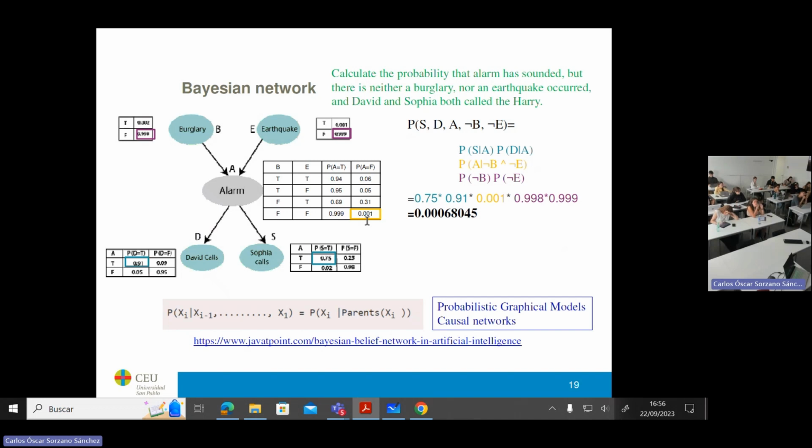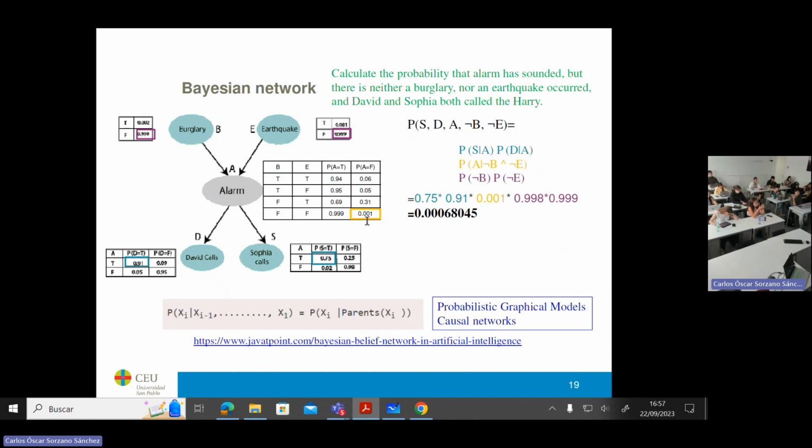Okay, so we have to associate probabilities to each one of the events. So these are conditional probabilities. So let's start from the end. So the alarm sounds true or false, so it has only two states. And then this is the probability that David calls you. This is the probability that David doesn't call you.